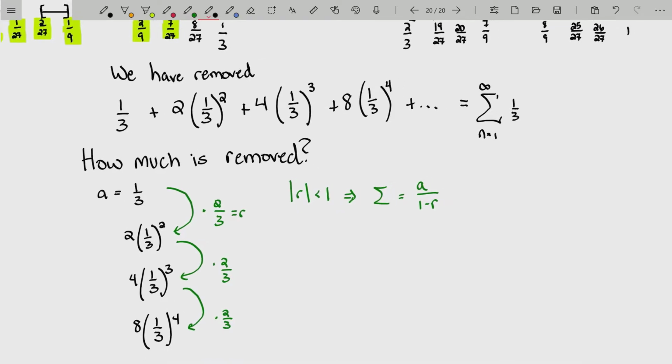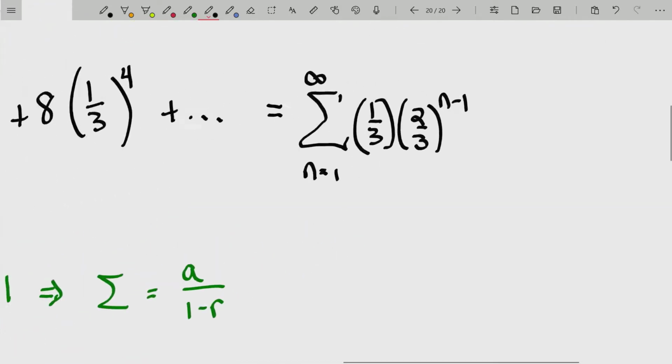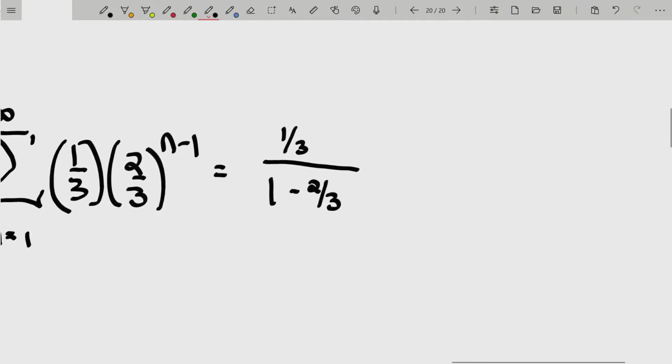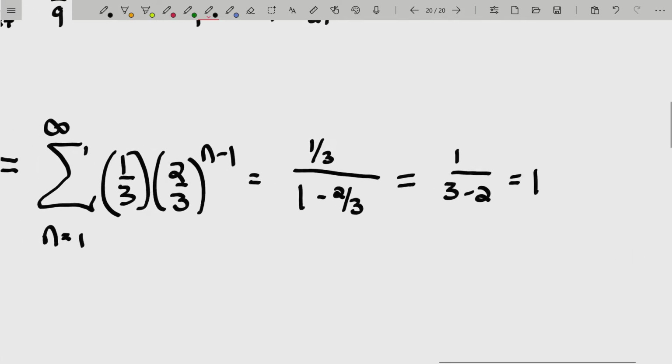A is 1/3 and R is 2/3, raised to the n minus 1. And because R is less than 1 in magnitude, this will be traded out for A over 1 minus R. Multiply numerator and denominator by 3, and you'll get 1 over 3 minus 2, or 1.